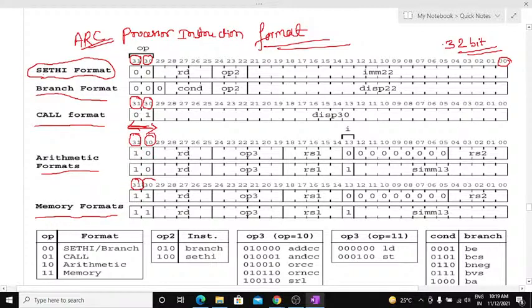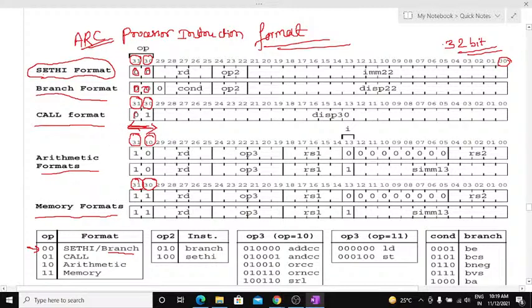If it is 00, then it is a set high or branch related instruction.